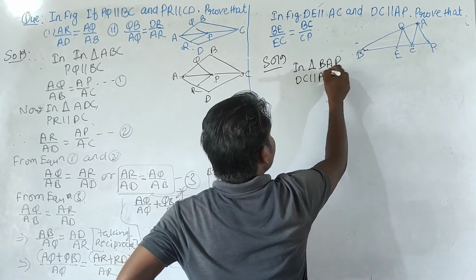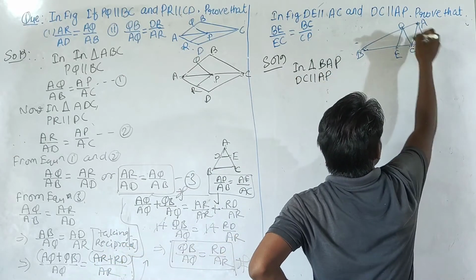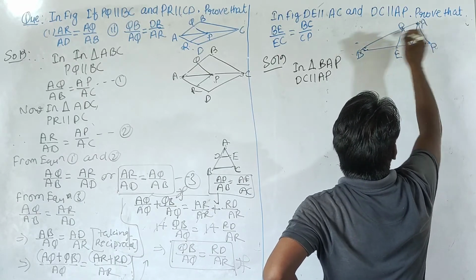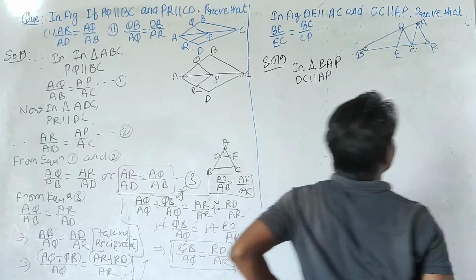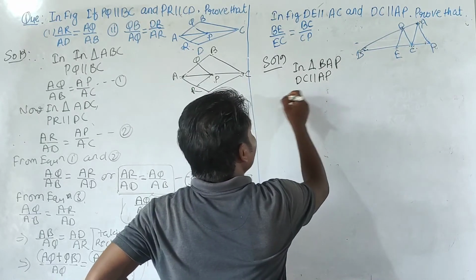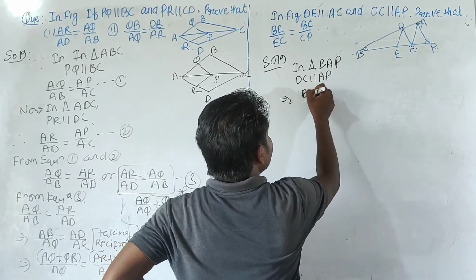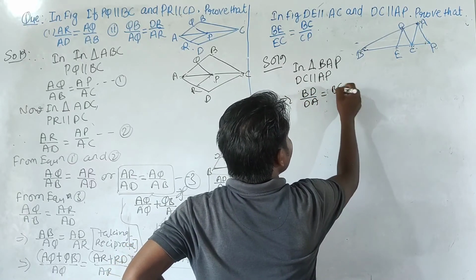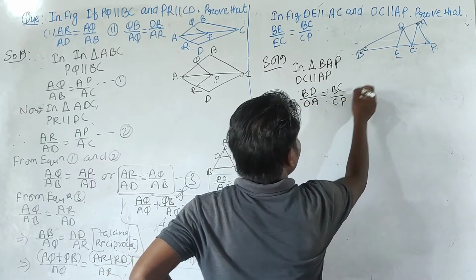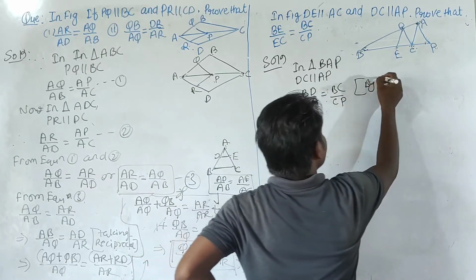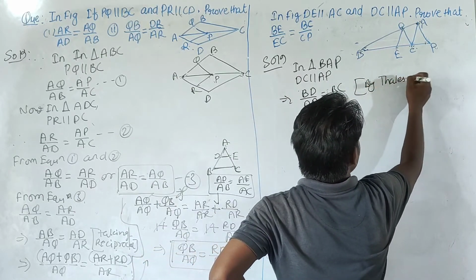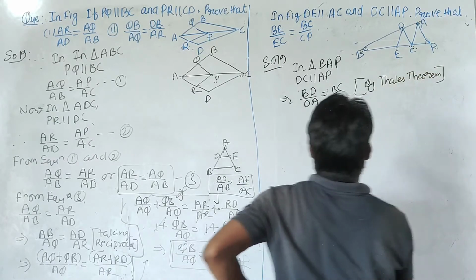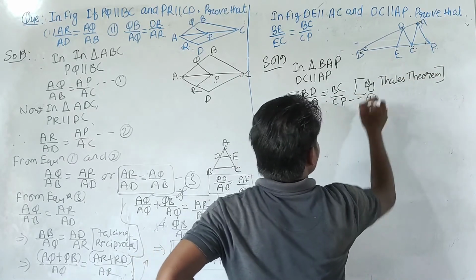Because in this triangle DC is parallel to AP, we can say BD by DA is equal to BC by CP by Thales theorem, or the basic proportionality theorem. Suppose this to be equation 1.